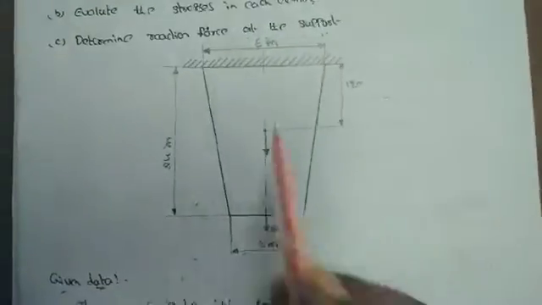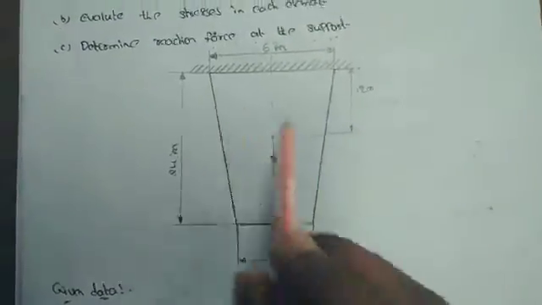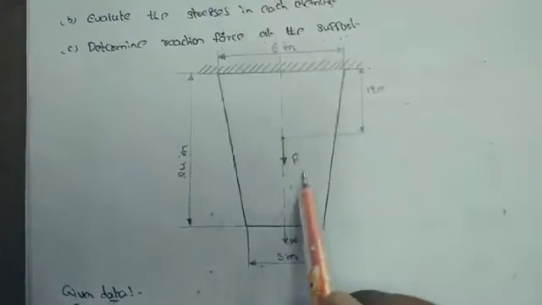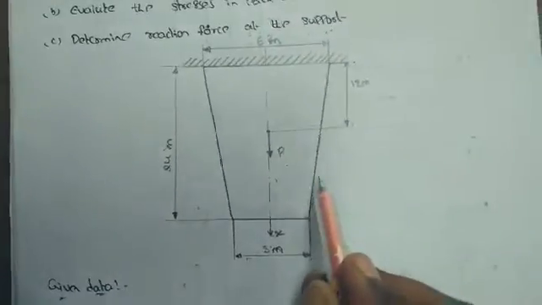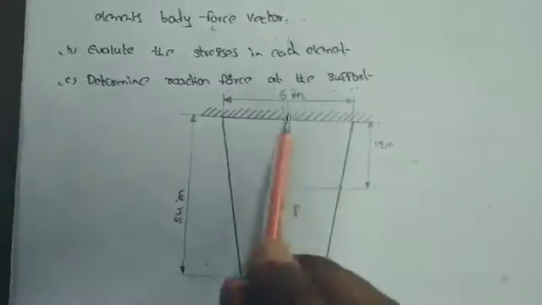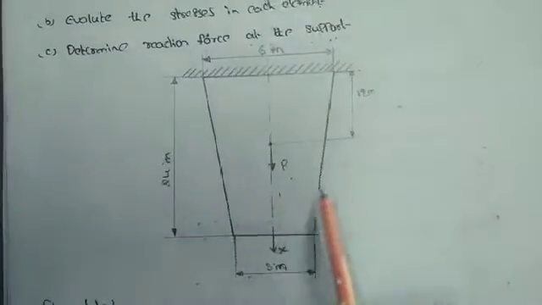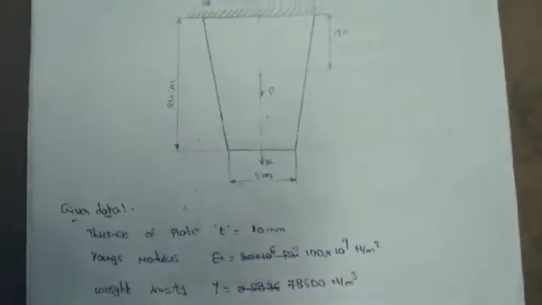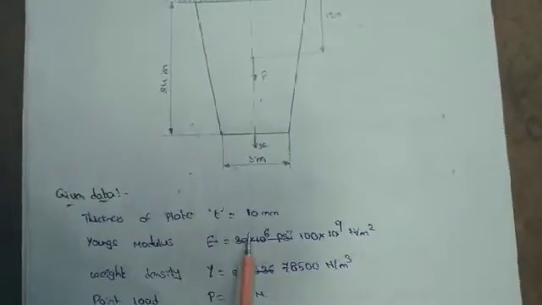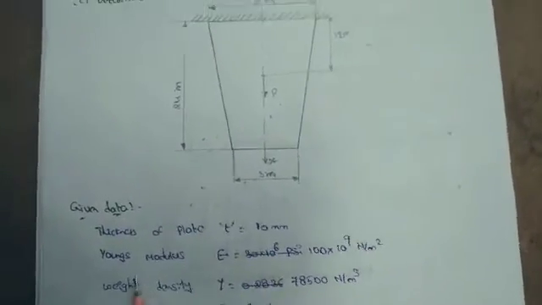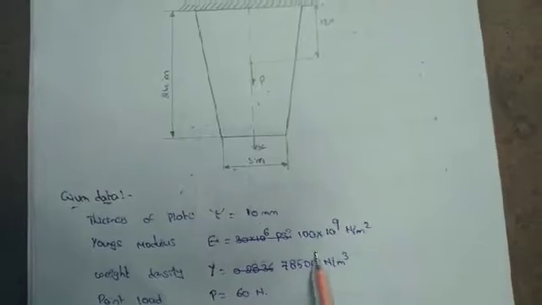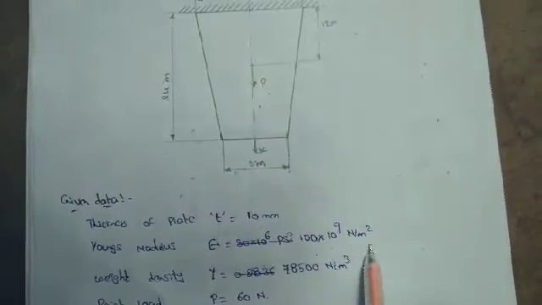This is the basic structure of the figure, the plate given in the problem. The dimensions are given in this diagram. What is the given data? The thickness of the plate is T equal to 10 mm. Young's modulus E equal to 100 into 10 power 9 Newton per meter square.